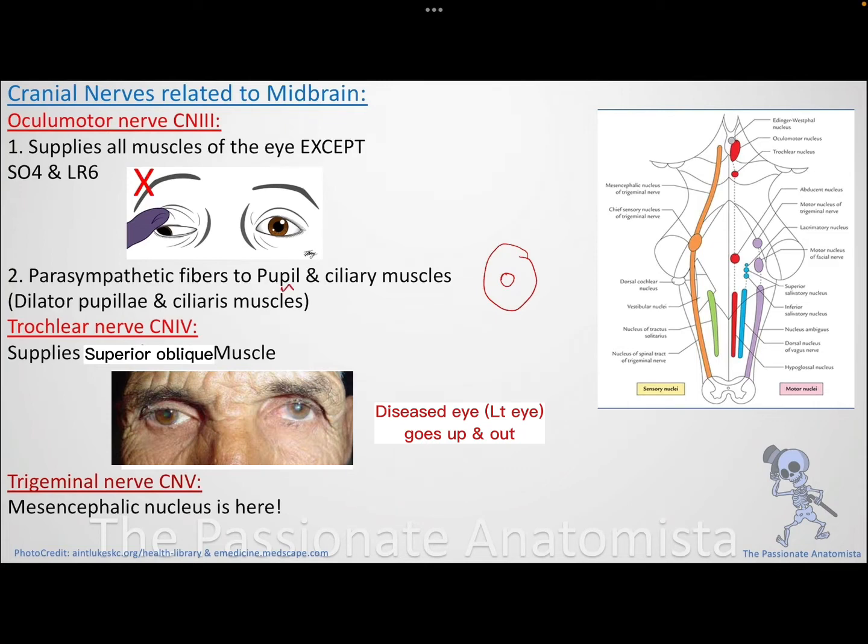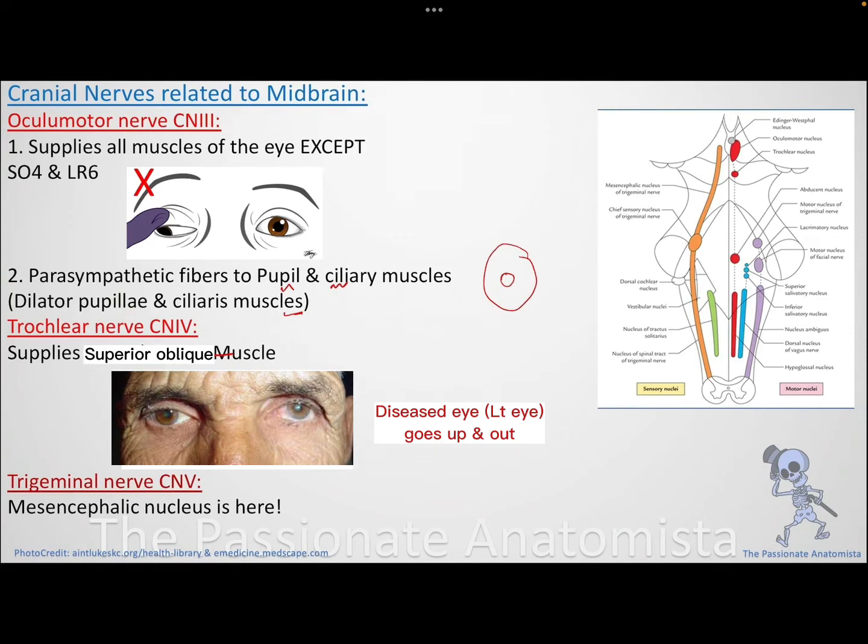It affects the pupil itself, and it also affects the ciliary muscles that control the eye. This is the function of the oculomotor nerve. So the trochlear nerve supplies the superior oblique. If I have an injury to the trochlear nerve, this is what's going to happen. And all these lesions are explained in the eye videos.